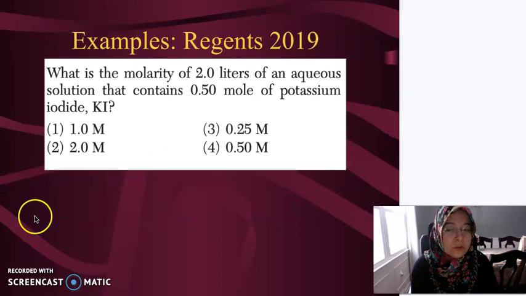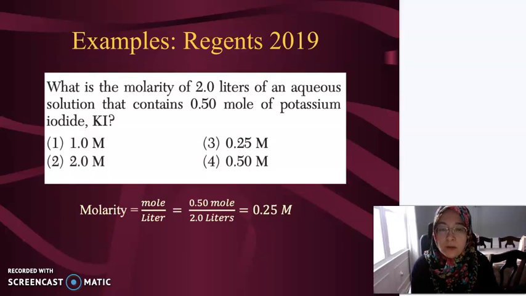Do we know the mole number? Yes, 0.5 mole. Do we know the liter? Yes, it is 2 liter. You will divide 0.5 mole by 2 liter, which is 0.25 molar. So the answer is 3.